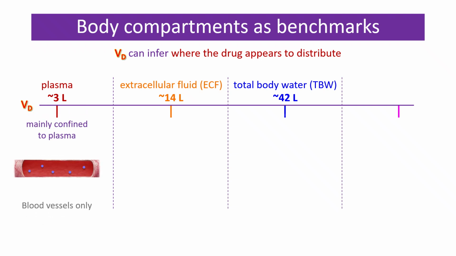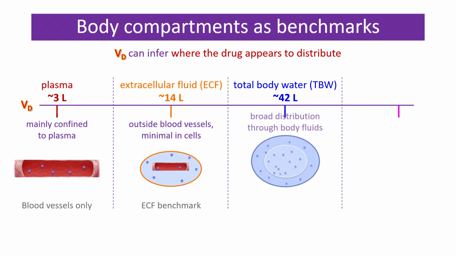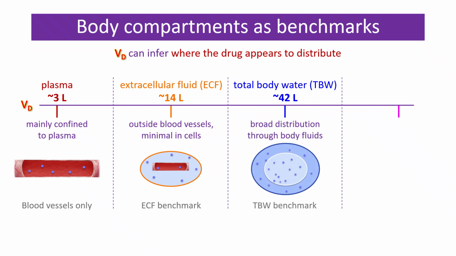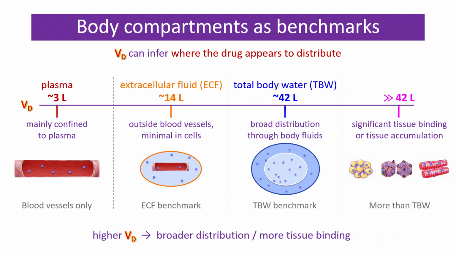A value near extracellular fluid volume suggests distribution outside blood vessels, but not extensively into cells. A value approaching total body water suggests broad distribution throughout body fluids. Values much higher than total body water suggest that there is significant tissue binding or accumulation into tissues. So, the higher the volume of distribution, the broader the distribution and/or tissue binding.